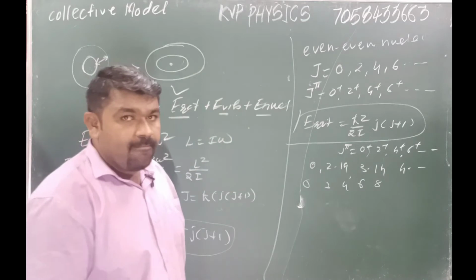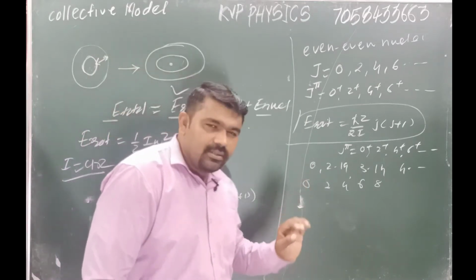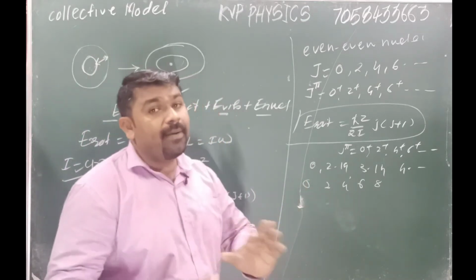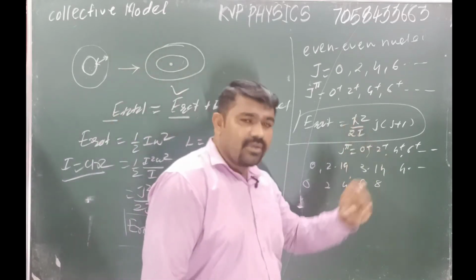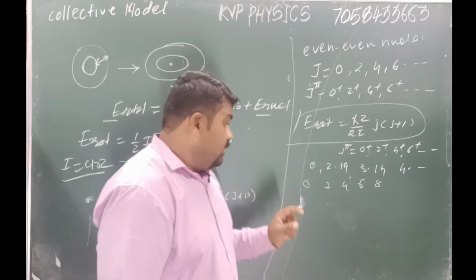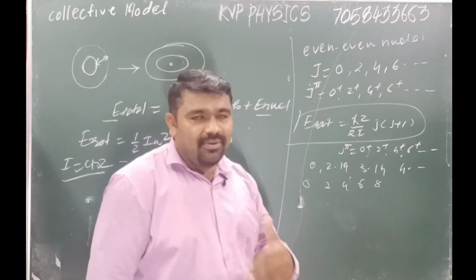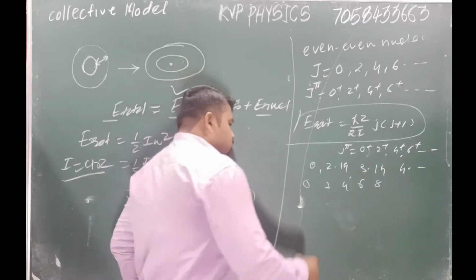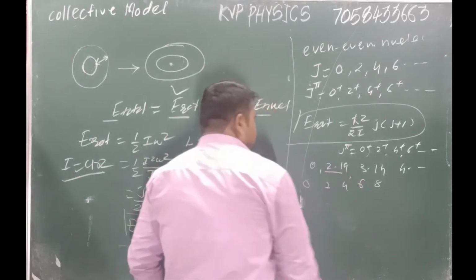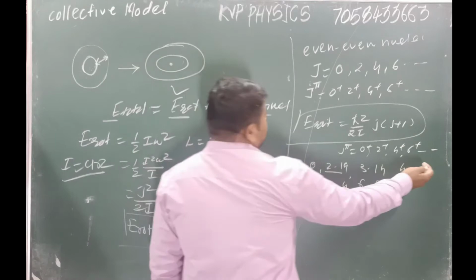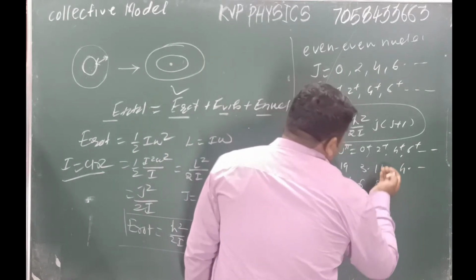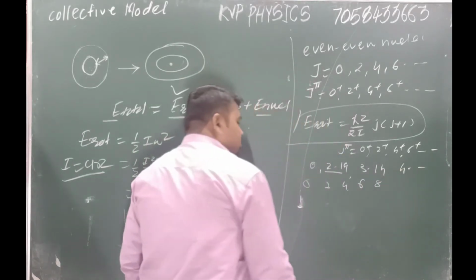Now they give some data for finding h cross square upon 2I. In this case, h cross square upon 2I is a constant. They give the initial levels. Suppose they give energy 2.19 for J equal to 2, and they ask what is the energy for J equal to 10.